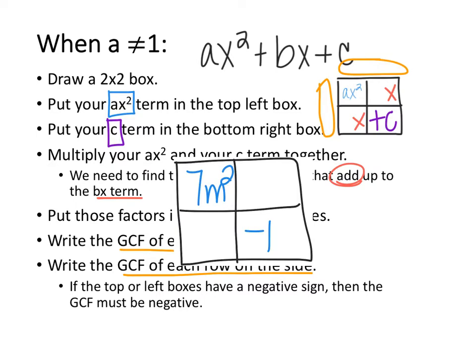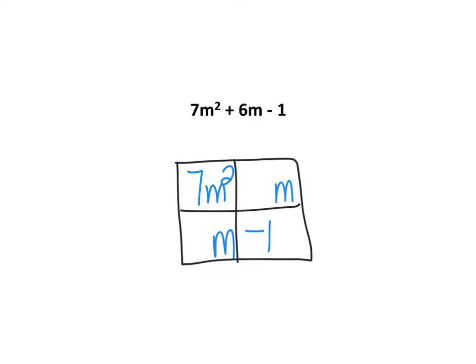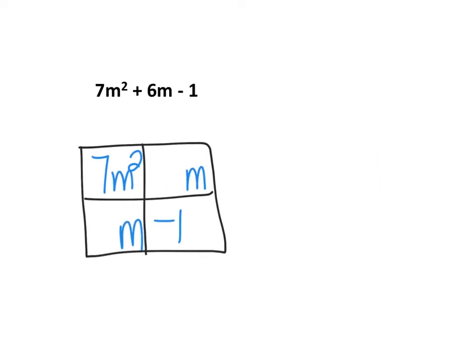I know that I'm going to have an m and an m. Now I'm going to multiply our first and our last term together. 7m squared times negative 1 is negative 7m squared.